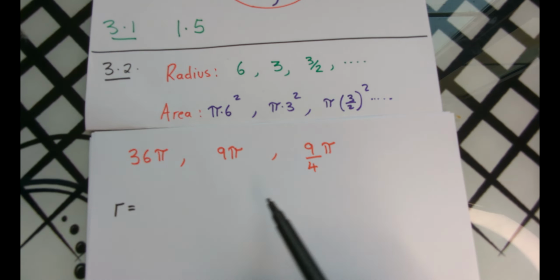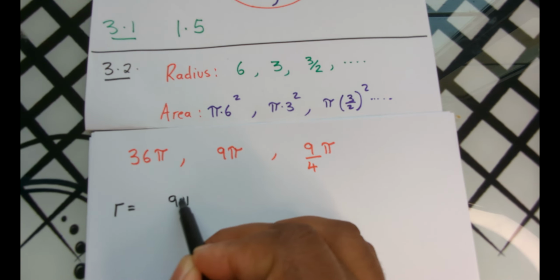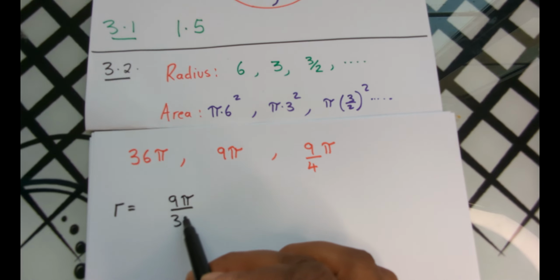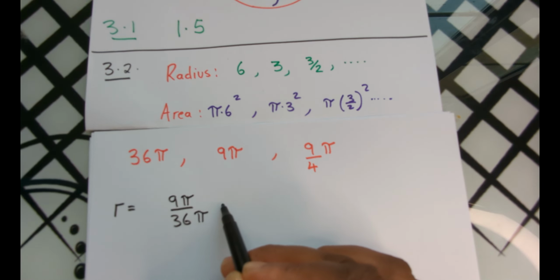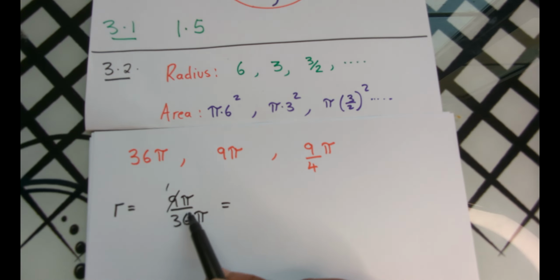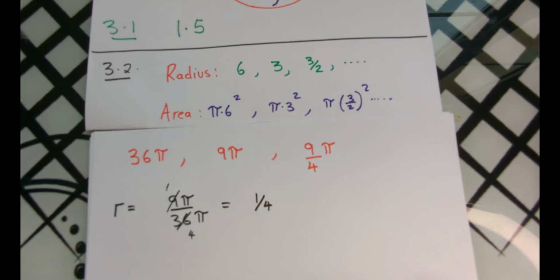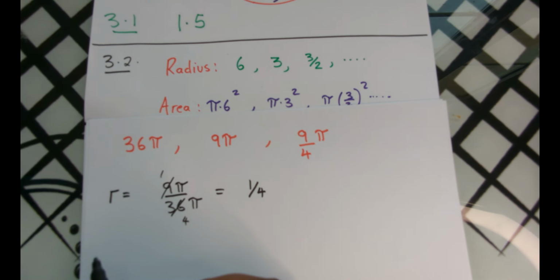Just take any two consecutive terms and divide, the one on the right divided by the one on the left. So 9 pi divided by 36 pi. The pi's will cancel and it will be 9 into 9, 9 into 36, that's 4. So our r, which is our common ratio, is 4.